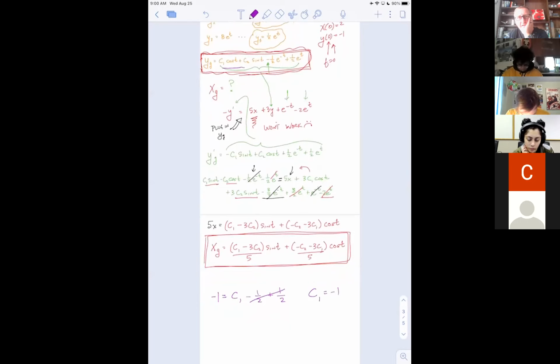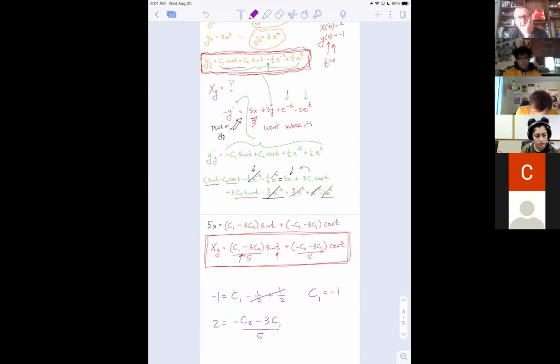So x is 2 when t is 0. And so again, the sine of 0 is 0, so all this gobbledygook is just going to be gone because I'm multiplying it by 0. But then cosine of 0 is 1, and so everything else is kind of left behind. So I have negative C2 minus 3C1 all over 5.